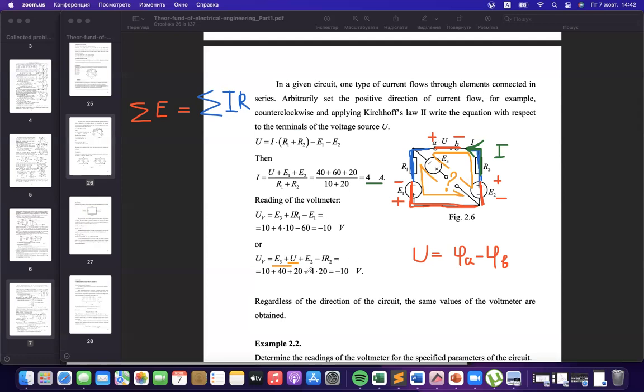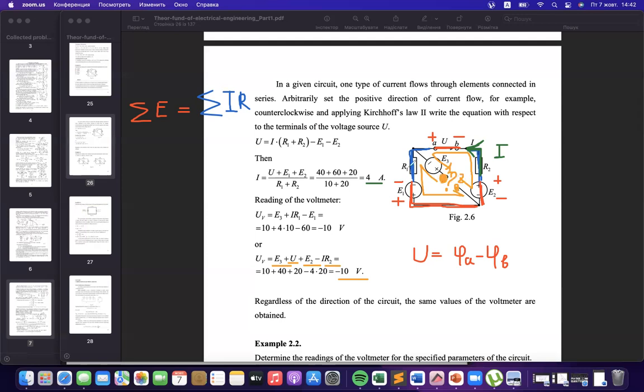Also plus E2 source, and minus consumption of electricity through the resistor. The total voltage will be minus 10 volts if we are moving from this point number 1 to this point number 2.